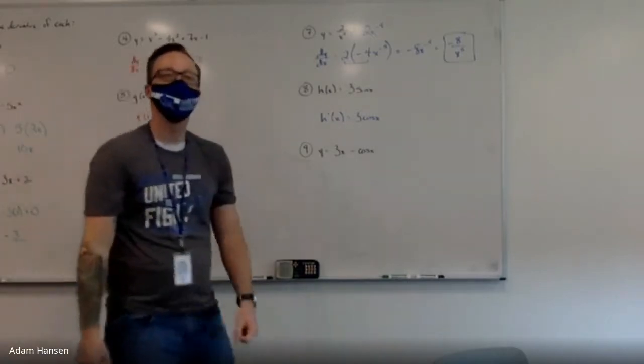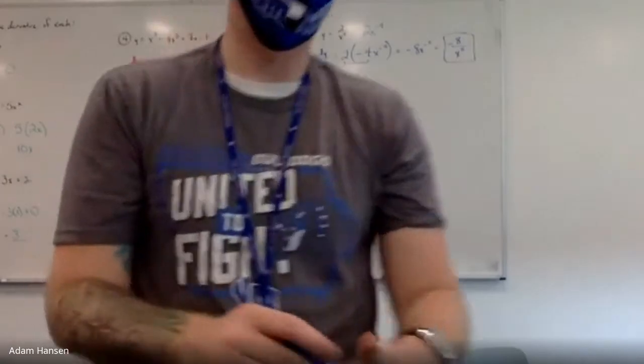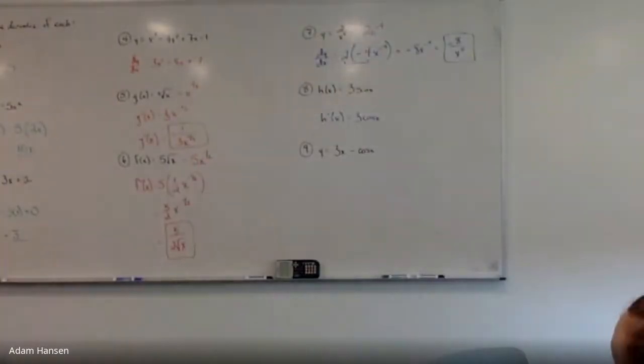Try number 9. What is the derivative of y equals 3x minus cosine x?